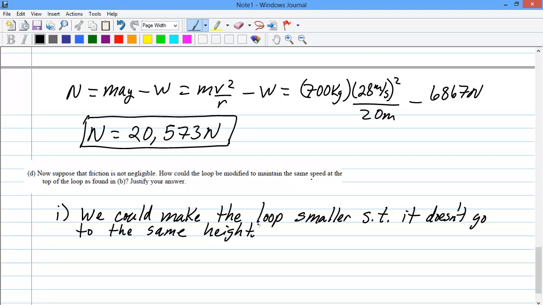There are other things that we could do, but that one would be the easiest solution: just make the loop smaller so it doesn't go to the same height.